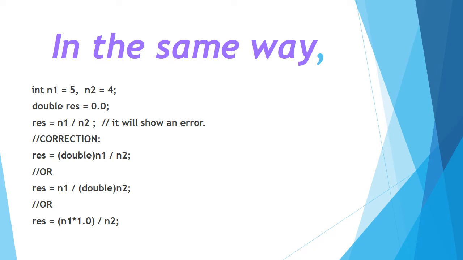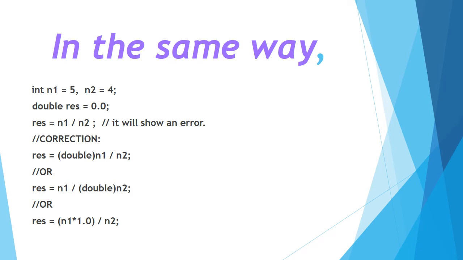Its stored value was an integer, now we are converting it into double. So we can perform it in this way also. First we convert either the dividend or the divisor into double, and then we divide.